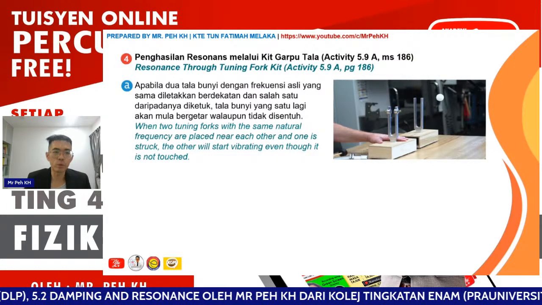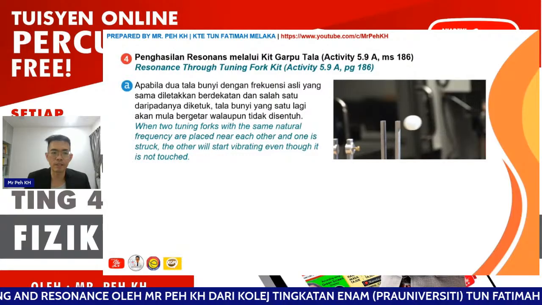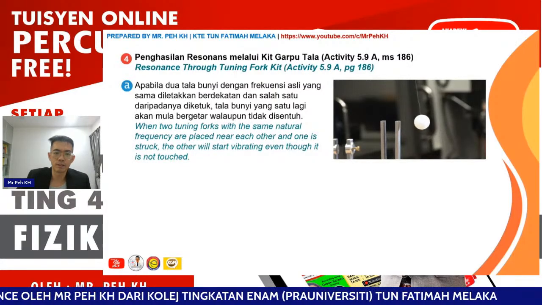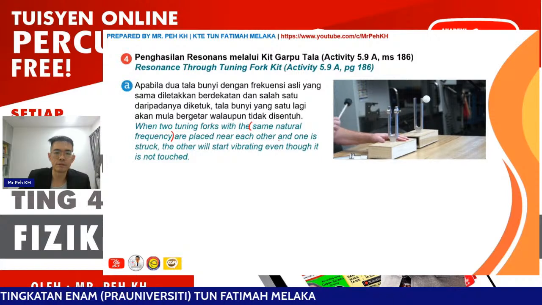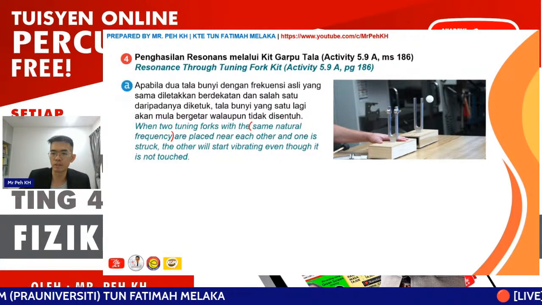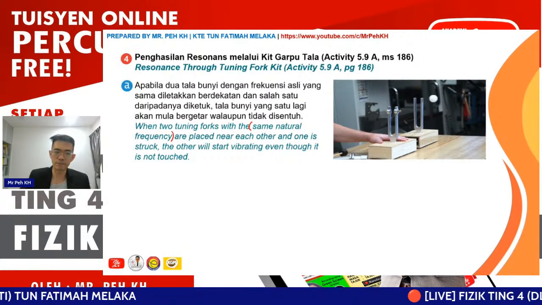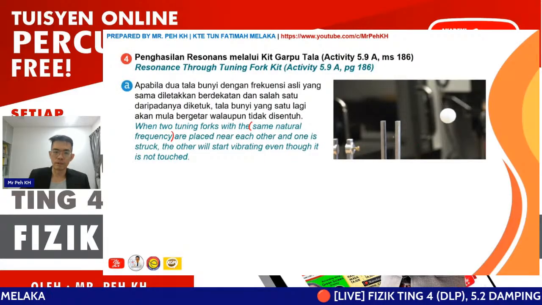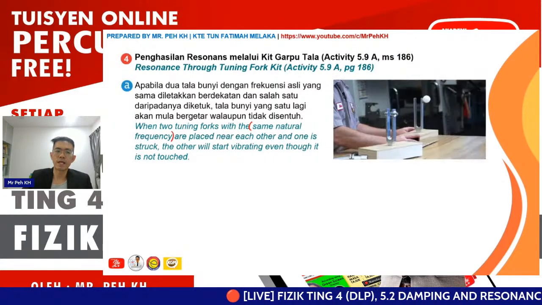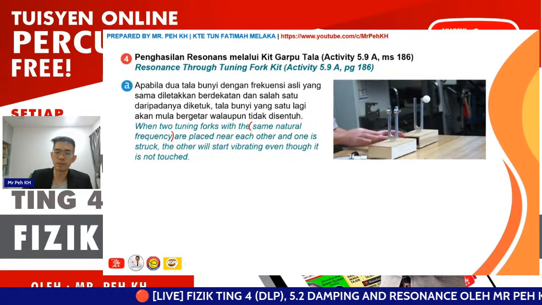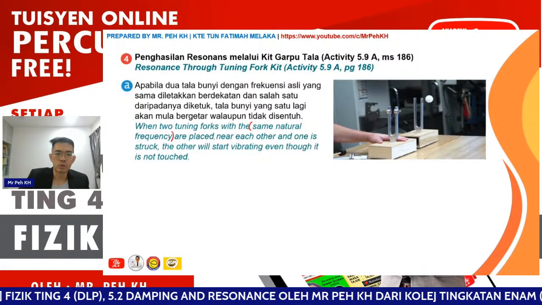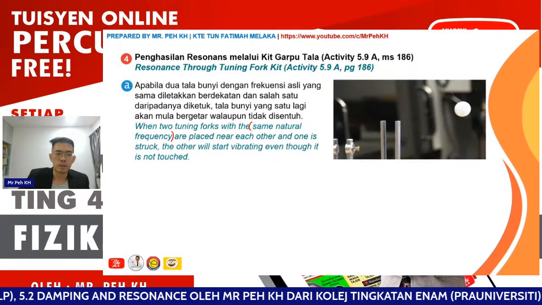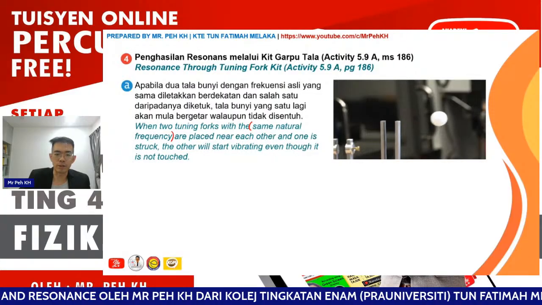Okay, so when two tuning forks with the same natural frequency are placed near each other, you can just look at this figure. They have the same natural frequency, so the material and the size of the tuning forks used will be the same. They are placed near each other.